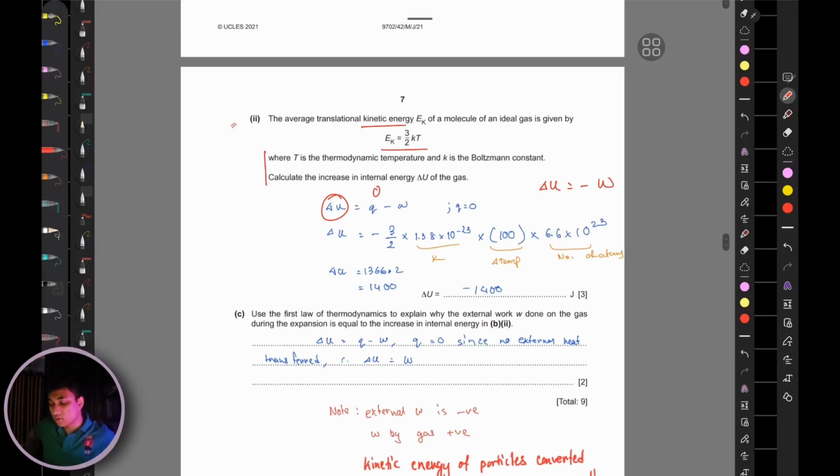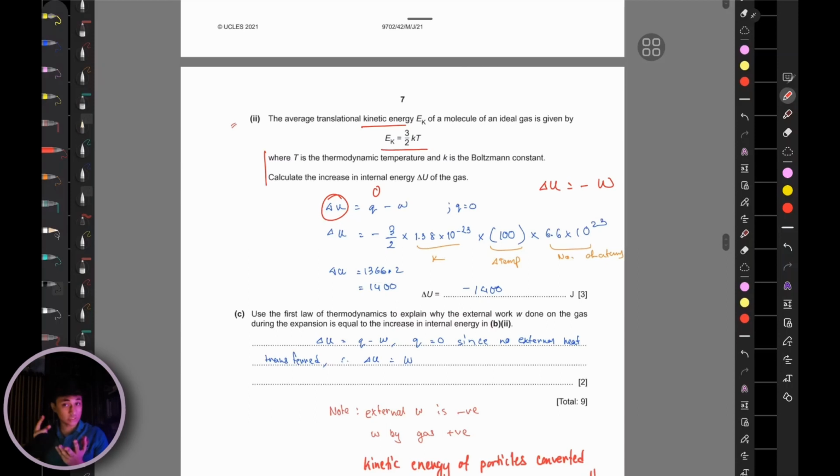Now, the thing over here is, in case of decrease or increase in internal energy, why would the internal energy of a system increase or decrease? The only reason is change in temperature, right? Change in temperature can only cause increase or decrease in internal energy.